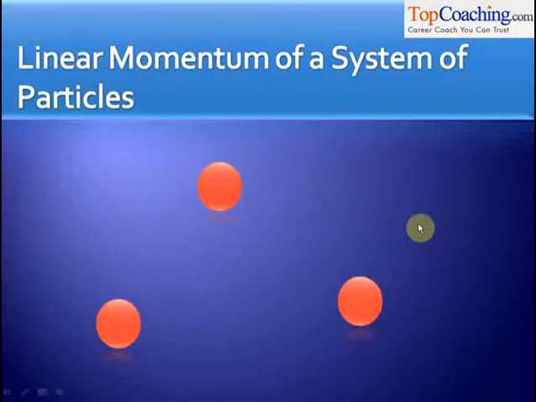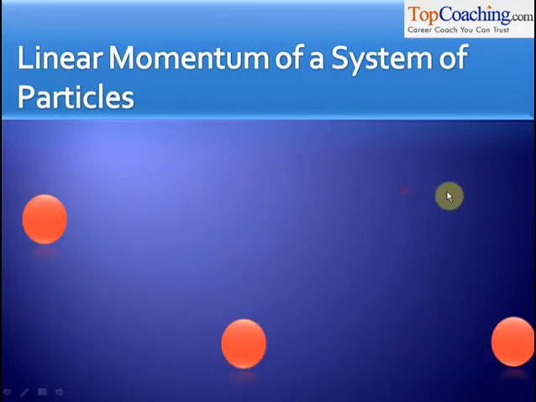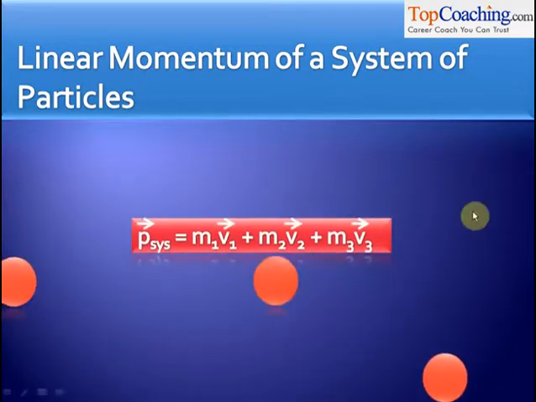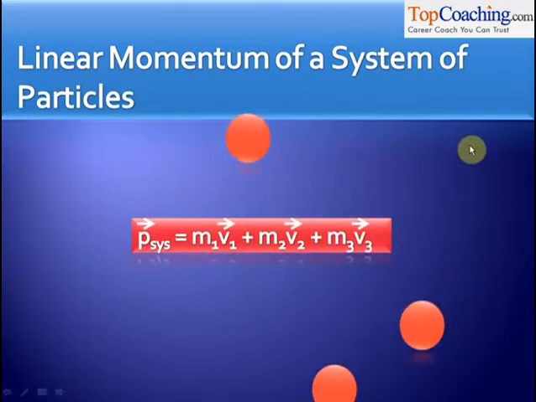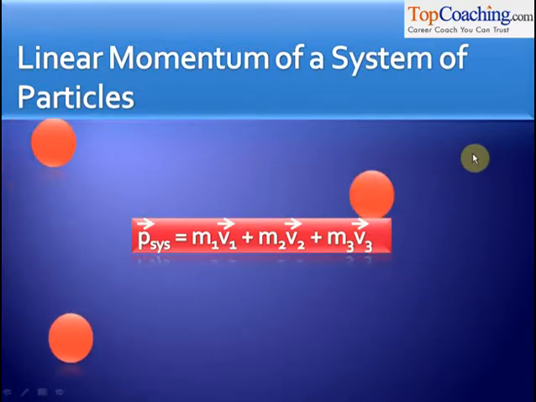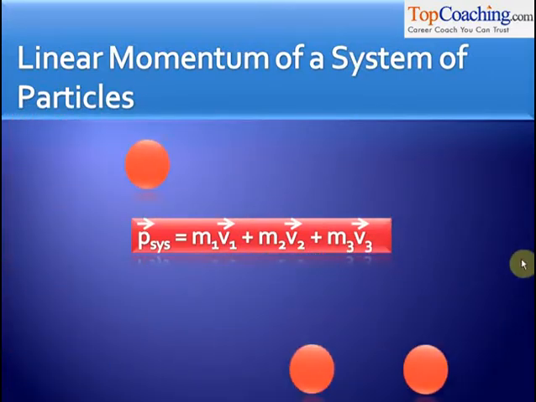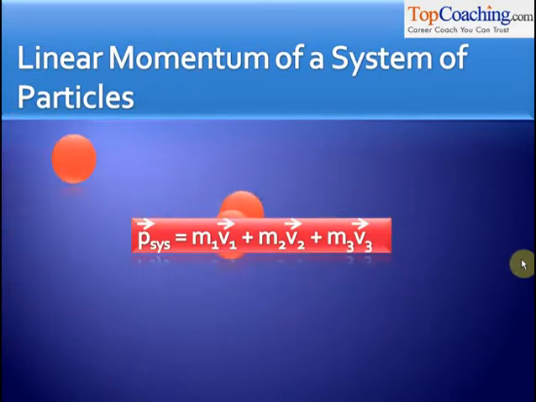There you go. Just like we can calculate the linear momentum of a particle by multiplying its mass by its velocity, we can calculate the linear momentum of a system of particles also. The linear momentum of a system of particles, that is, say the linear momentum of these three particles combined, is the sum of the individual linear momentum of each particle.